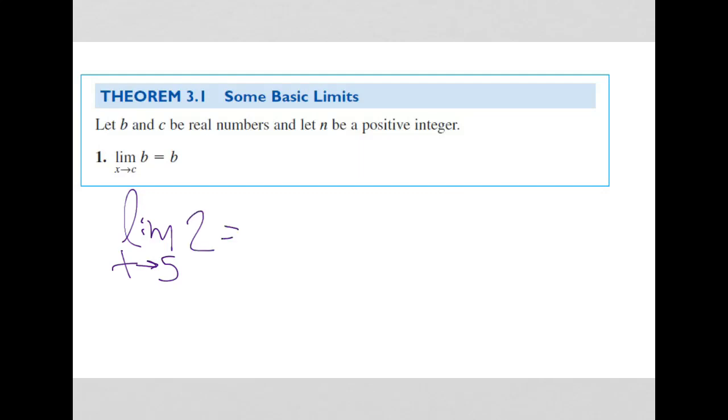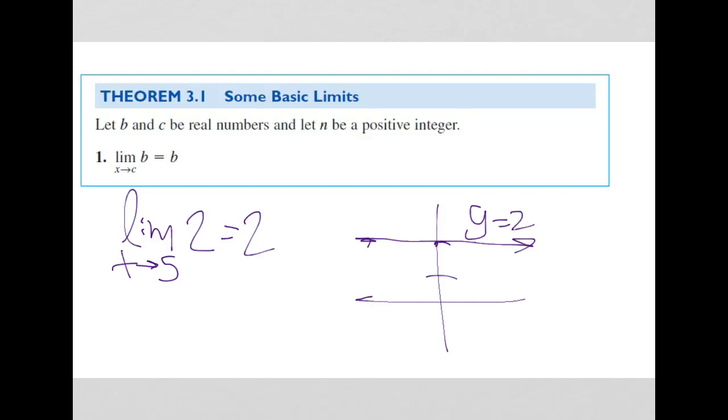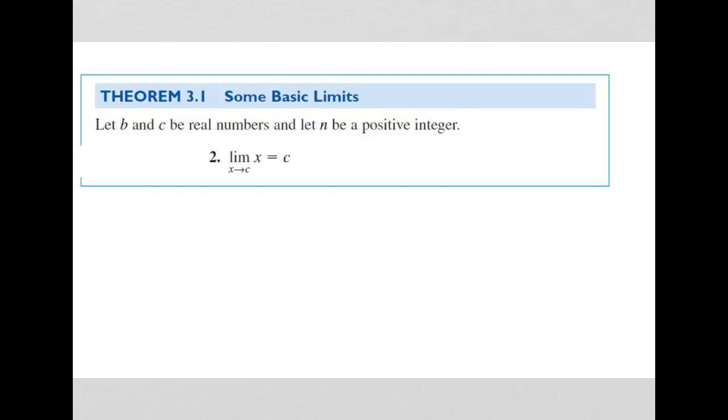Well, the limit of a number is just the number 2. That's because we're talking about, in this case, the horizontal line at the y value of 2, and if you think about the limit, it's talking about the y value at a specific x, as x gets super close to some value. Well, we're on a horizontal line, so your y value is always going to be 2.